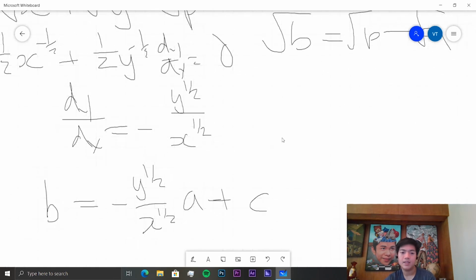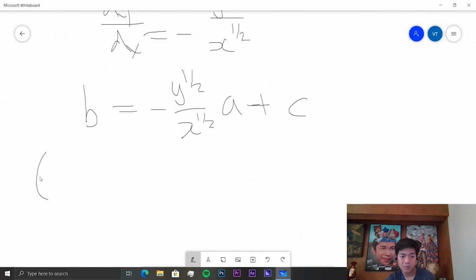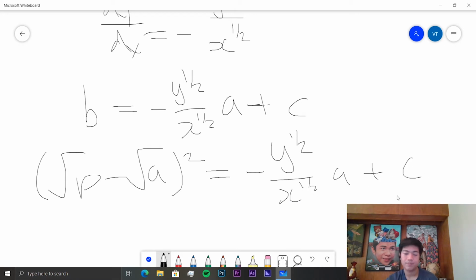So we have b is equal to root p minus root a squared is equal to negative y to the 1/2 over x to the 1/2 a plus c.